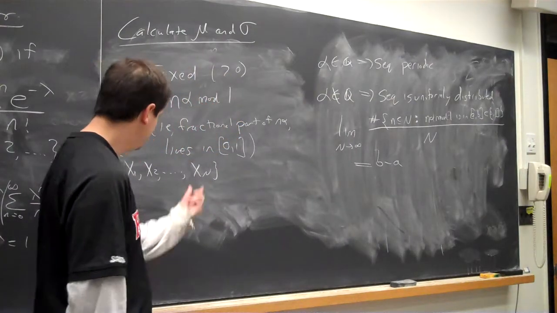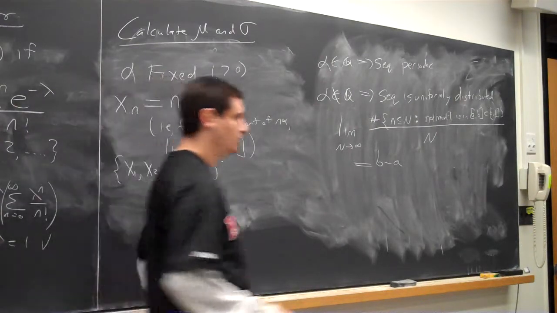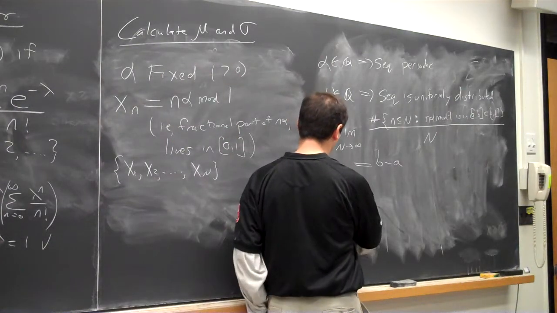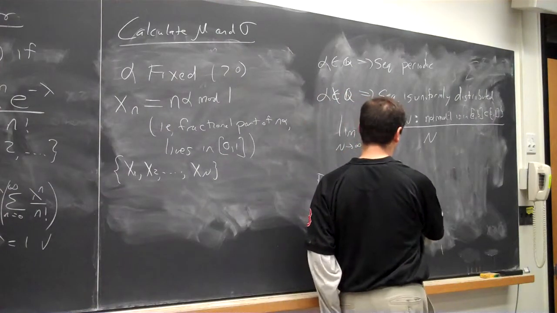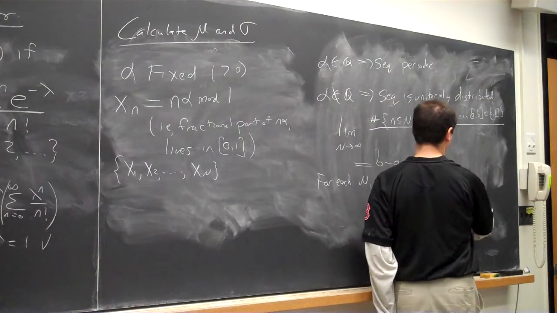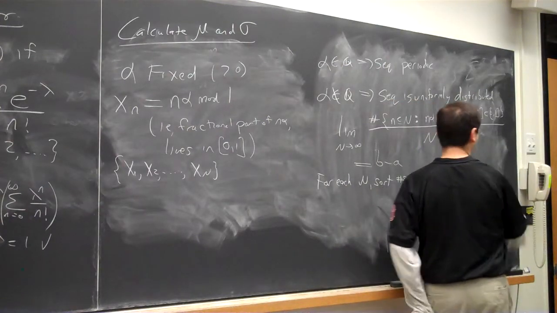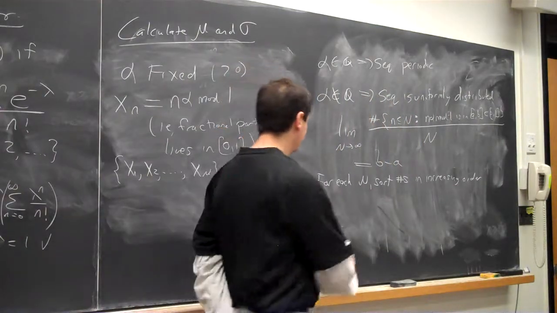What I can do is for each n, I can sort my numbers into increasing order. So sort the fractional parts into increasing order. Okay?